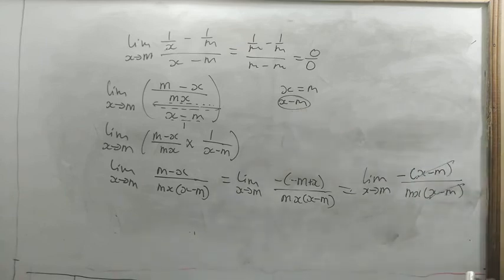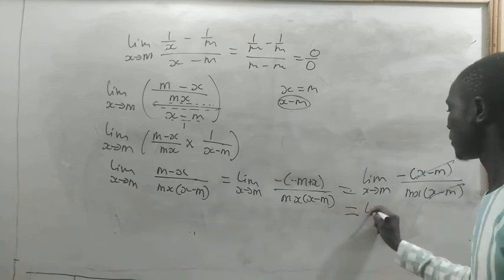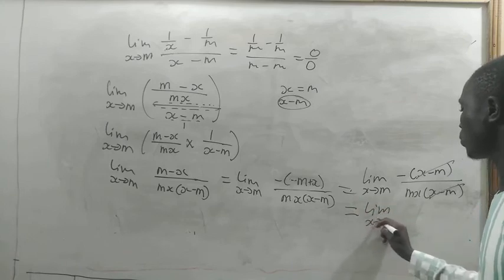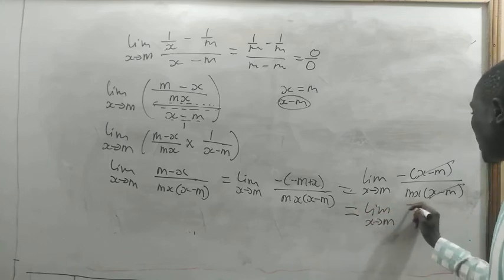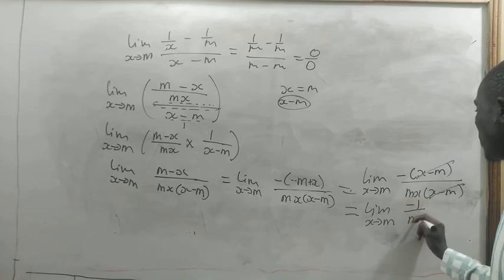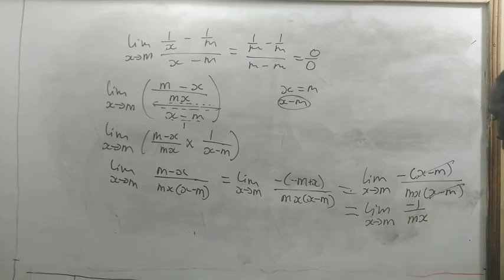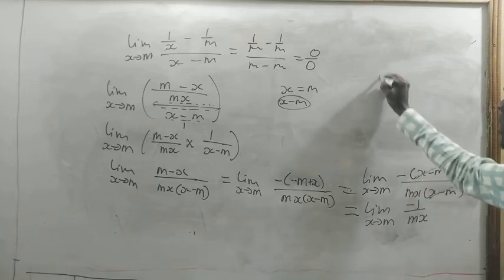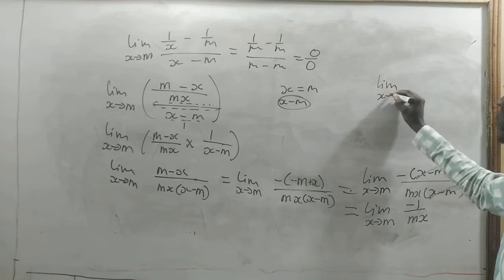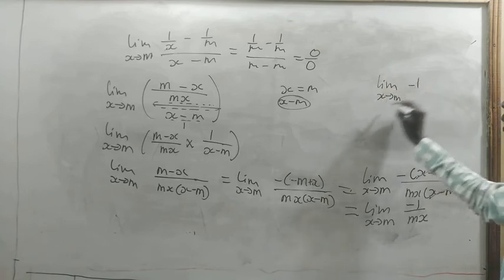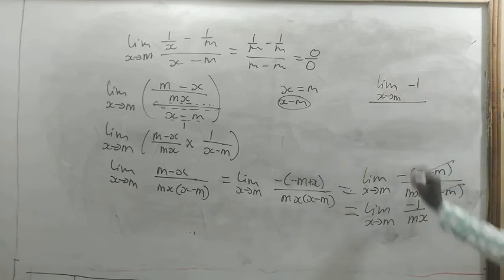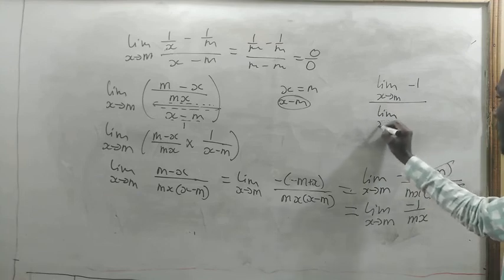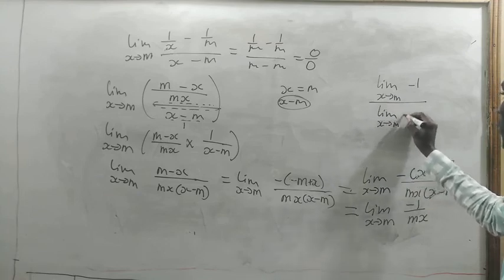That's the common factor to both the numerator and the denominator, and we are going to have the limit as x approaches m of negative 1 divided by mx. So here we take the limit of the numerator and the limit of the denominator. So we take the limit as x approaches m of negative 1 divided by the limit as x approaches m of mx.